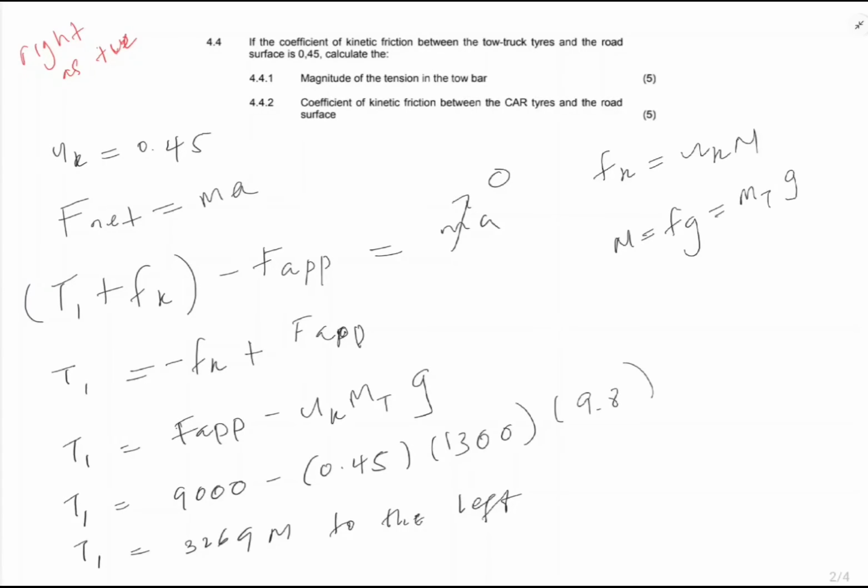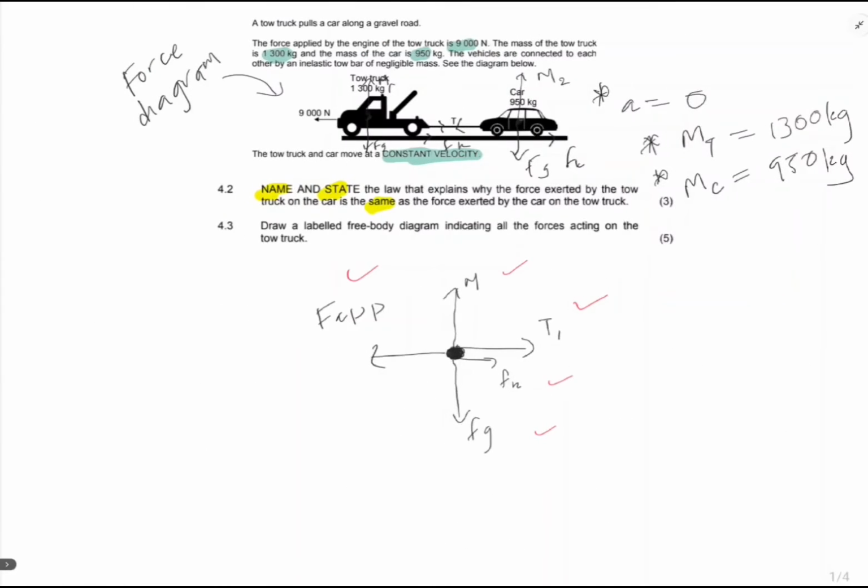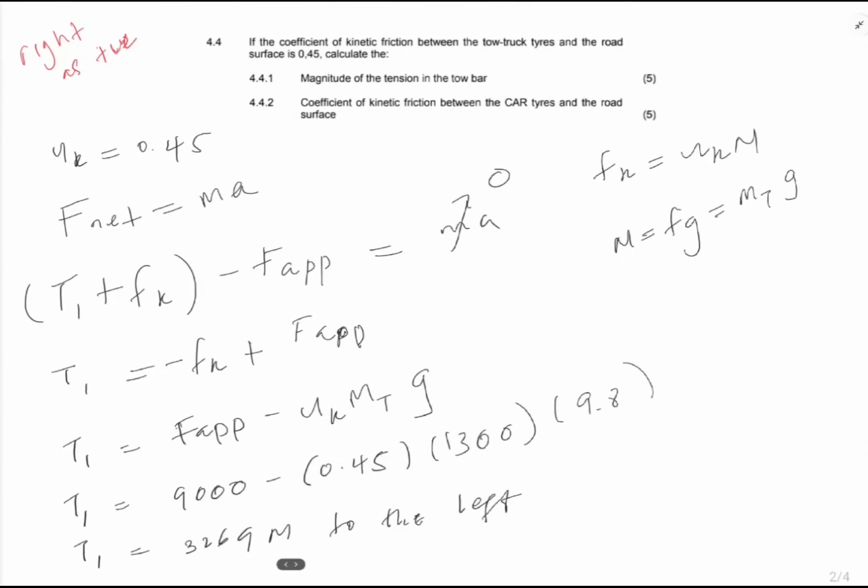So you see that you don't really have to crack your head that much, especially when you've identified all the forces from the jump. If you didn't have your free body diagram, this was definitely going to be a very tricky situation, because you don't know what's happening. You don't know where T1 is acting.